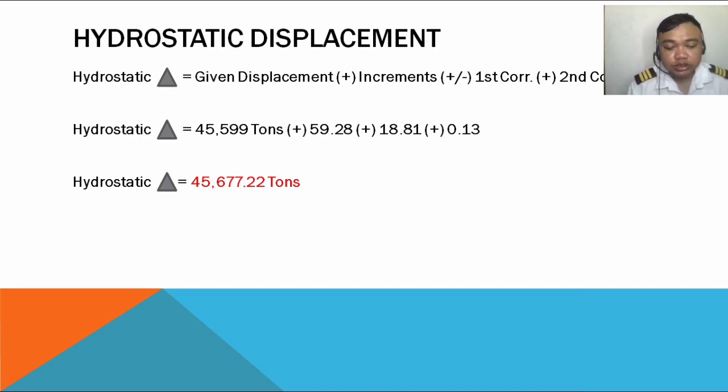However, the sign for the LCF given is positive, therefore we should add the first correction. Then the second correction is always added. So the hydrostatic displacement is equivalent to 45,677.22 tons.